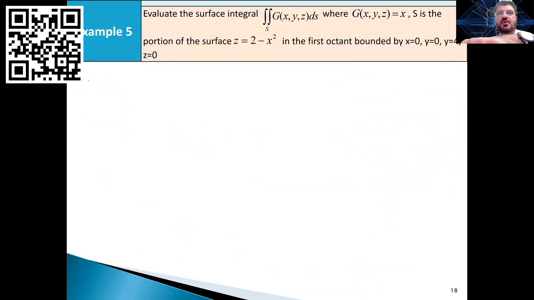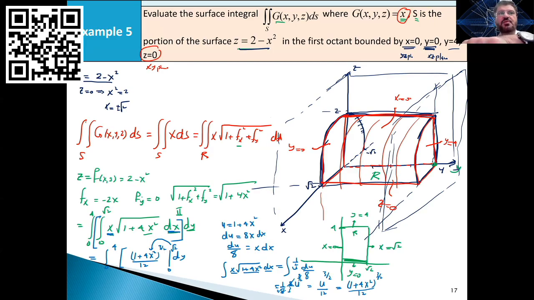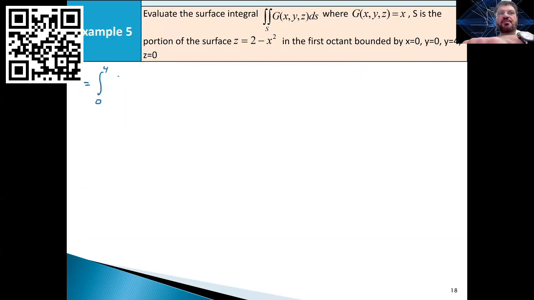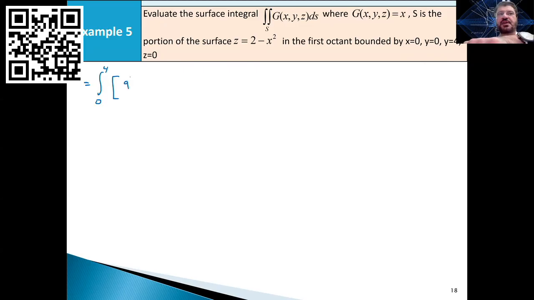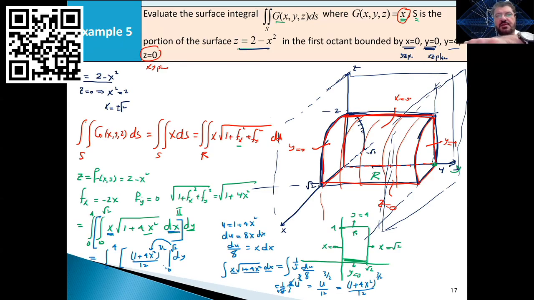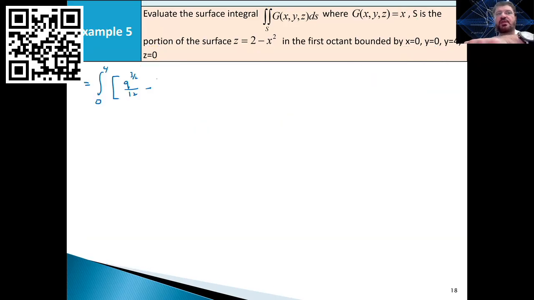So this is equal to the integration from 0 to 4 of 9 to the 3/2 over 12 minus, if I put the 0 here, 0 plus 1 is 1, so it's 1 over 12, dy.